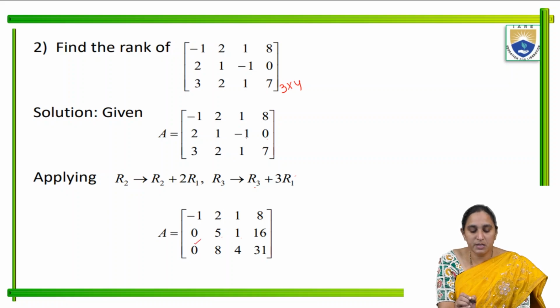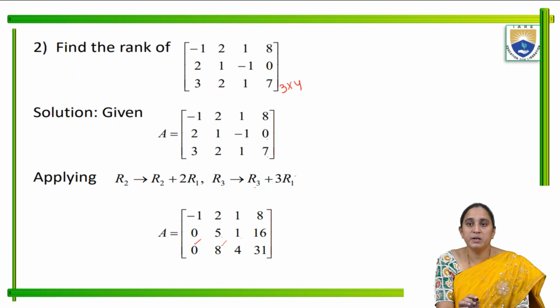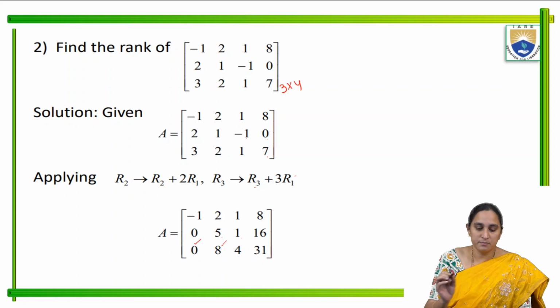Therefore, the first element is 0 with respect to R1. Similarly, 2 plus 2 into 3, 6, 2 plus 6 is 8. And next, 1 plus 3 into 1, 1 plus 3, 4. Next, 7 plus 8 into 3, 24, 24 plus 7, 31. With respect to R1, the first elements of R2 and R3 are zeros.